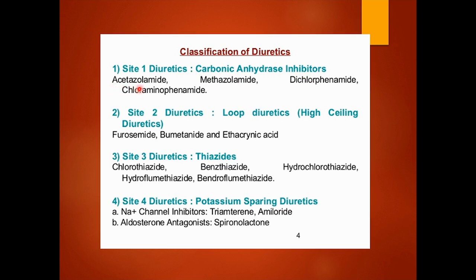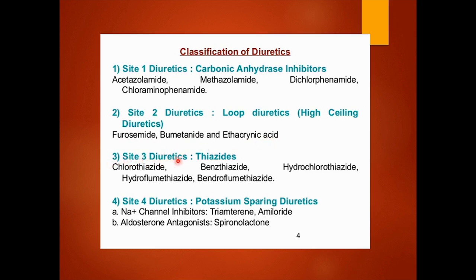Examples: acetazolamide, methazolamide, dichlorphenamide, chloraminophenamide. Site 2 diuretics are loop diuretics, also known as high ceiling diuretics. Examples: furosemide, bumetanide and ethacrynic acid.